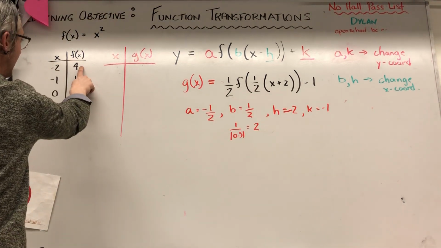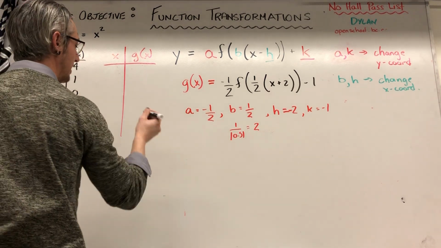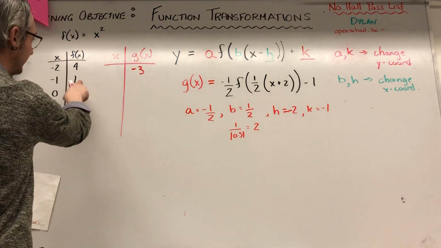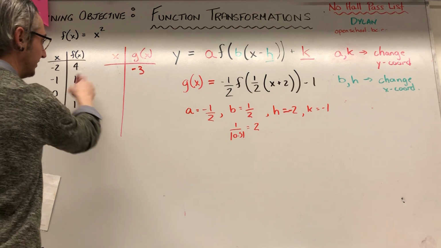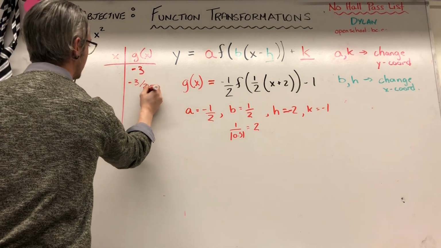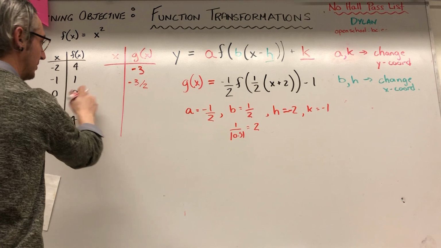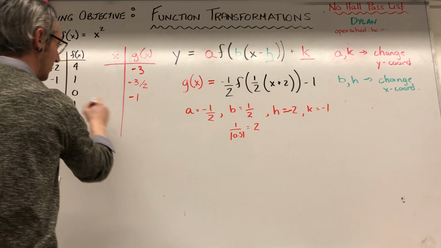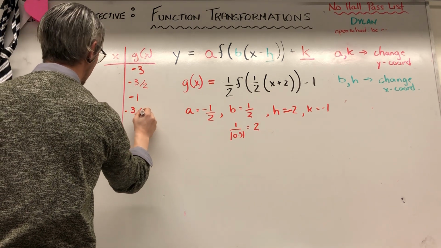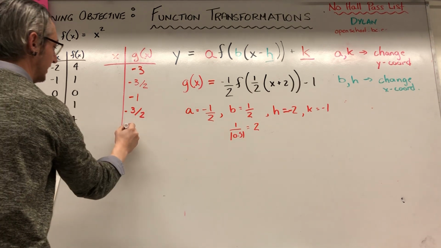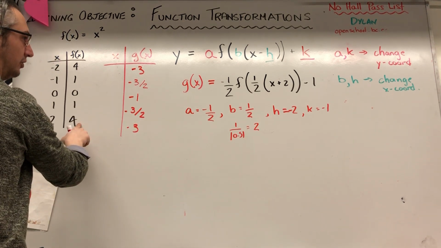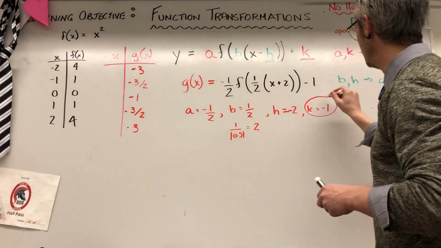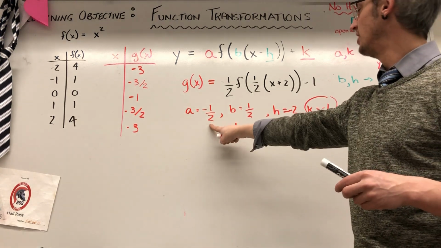So 4 times -1/2 is -2, minus 1 is -3. 1 times -1/2 is -1/2, minus 1 is -3/2. 0 times -1/2 minus 1 is -1. 1 times -1/2 is -0.5, minus 1 is -3/2. 4 times -1/2 is -2, minus 1 is -3. Okay, so I applied my A, and then I subtracted my K. I did my stretch and then my shift.